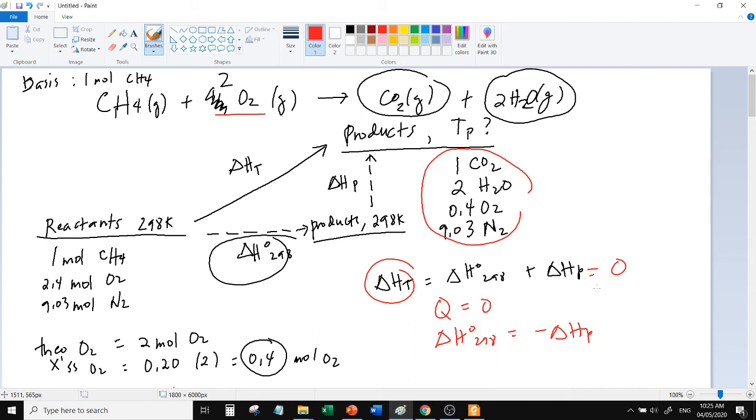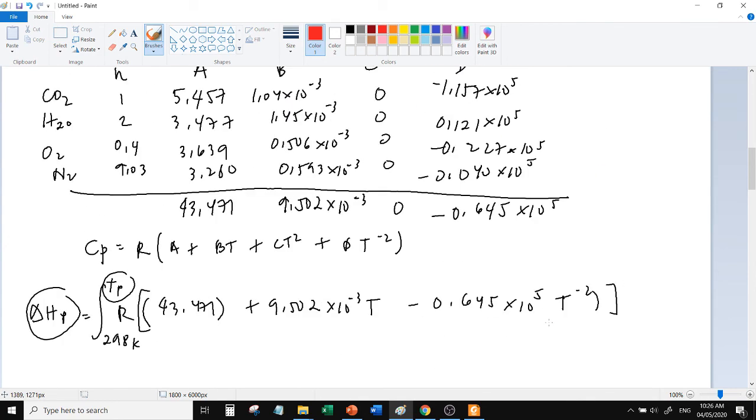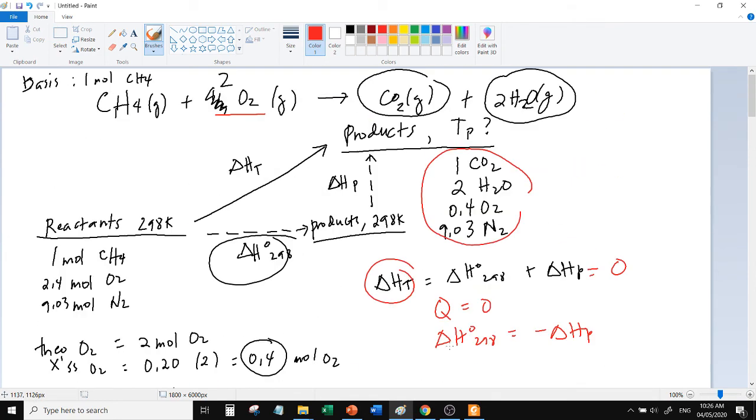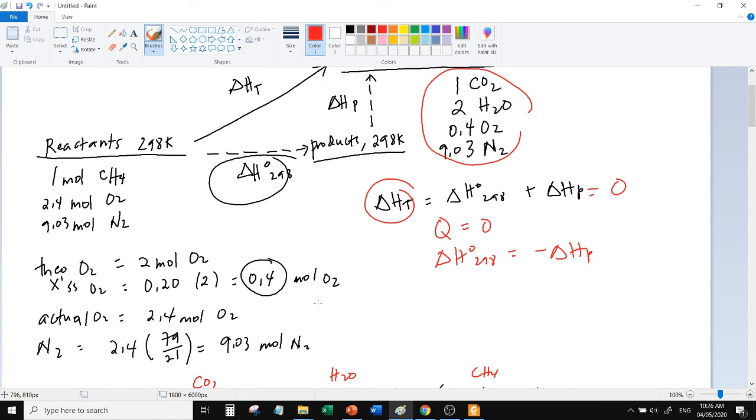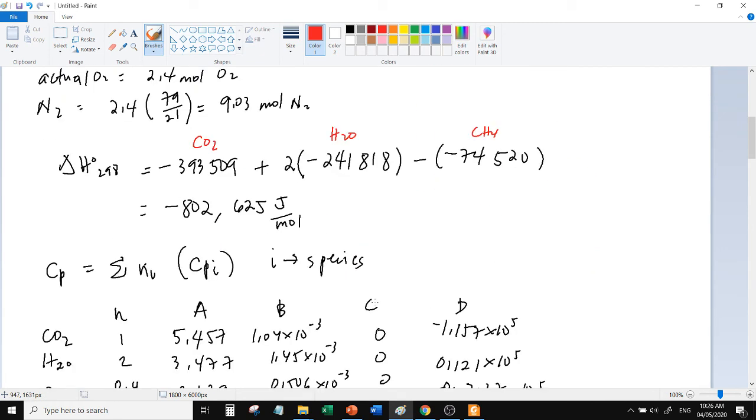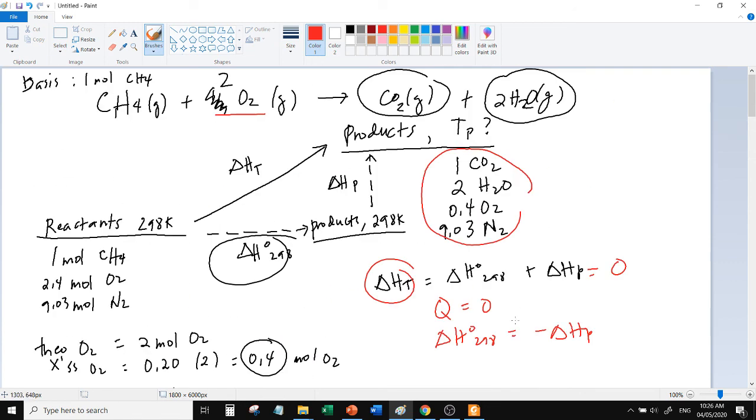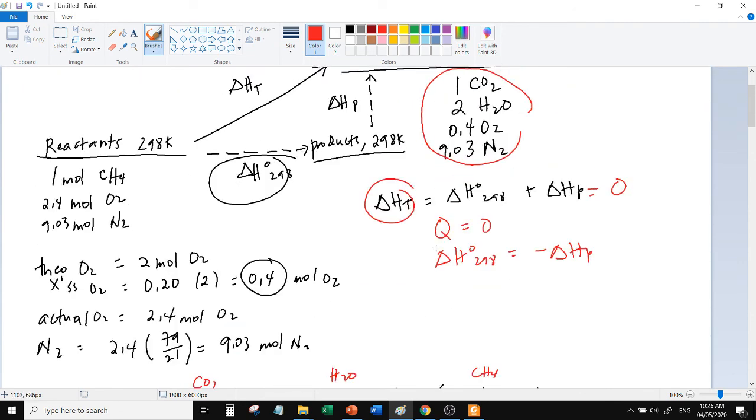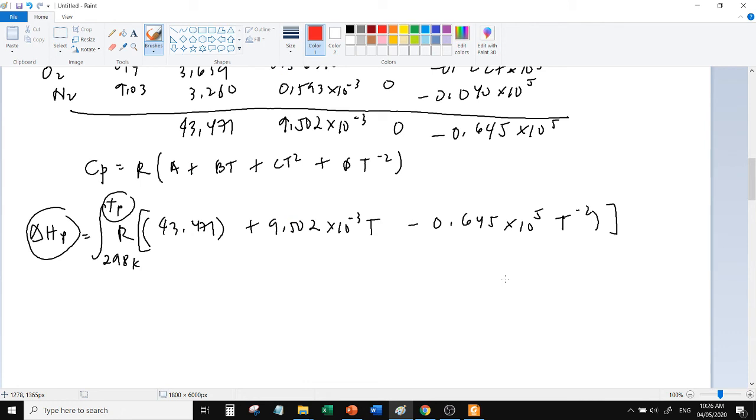Ganun siya. Kaya, yung delta HP mo ngayon dito, equal siya doon sa sinolve natin na 802. Pero, since negative siya nito, kasi tinranspose mo sa kabilang side, equate natin yon. Malinaw ba yon?